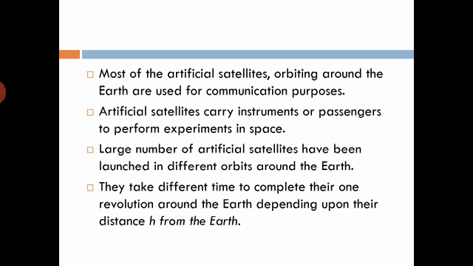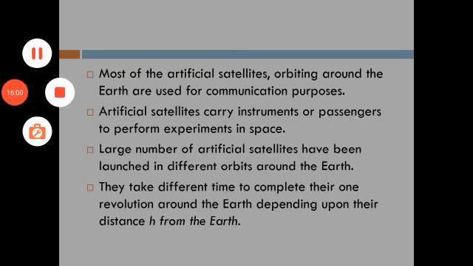Why? Because if the speed and orbit of the satellites are different, they can hit each other and cause damage. Therefore, every satellite has a different orbit so that it can move easily with its speed.